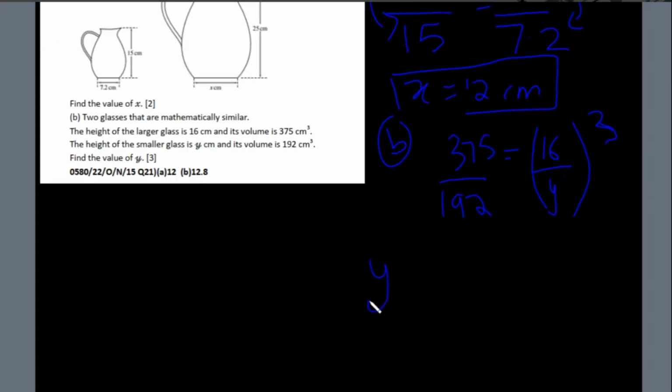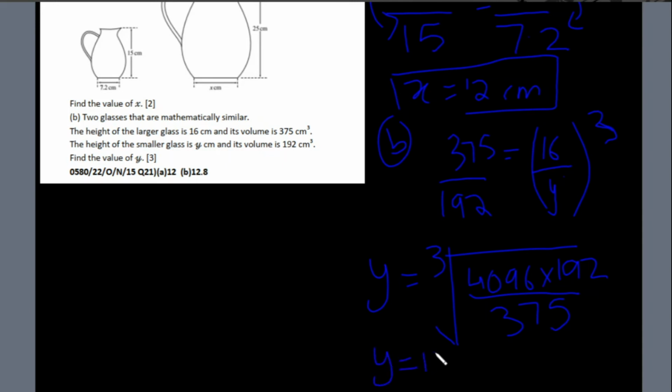So y cube will equal, I'll take the cube root to get rid of the cube, 16 cube, which is 4096, times 192 over 375. The cube root of the answer gives 12.8 centimeters.